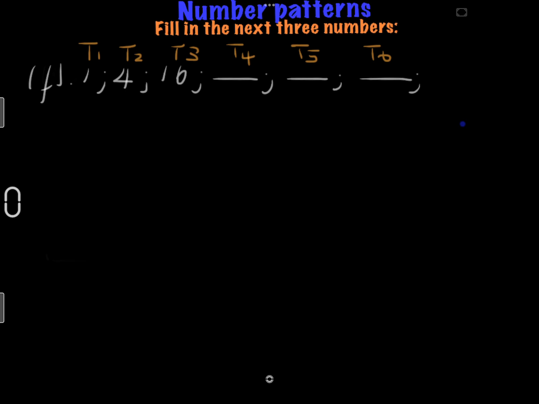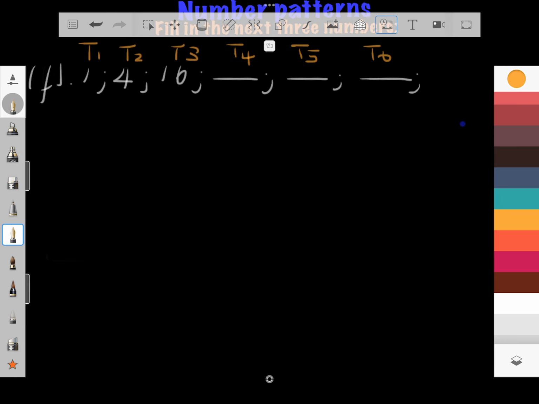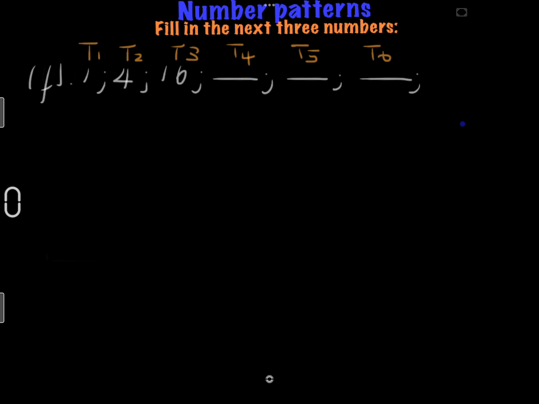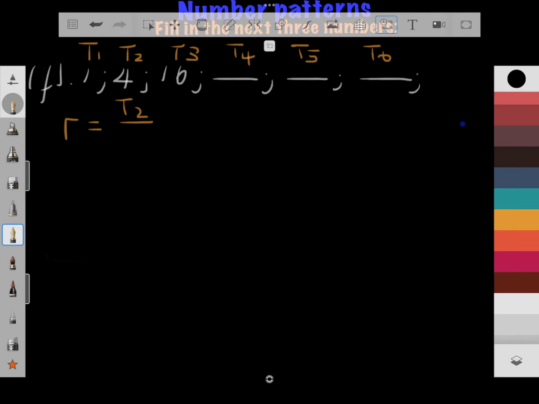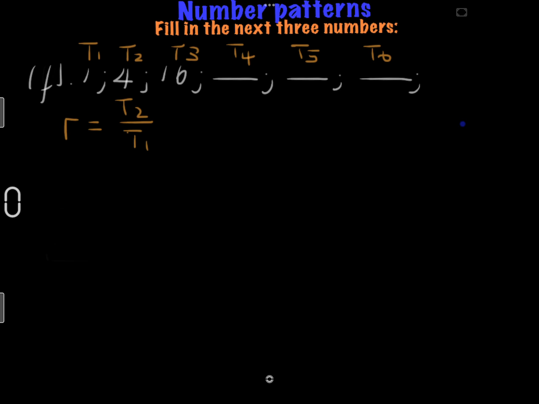Before we start with term 1, it's important to actually start with the ratio. So we have term 2 divided by term 1 is equal to term 3 divided by term 2.